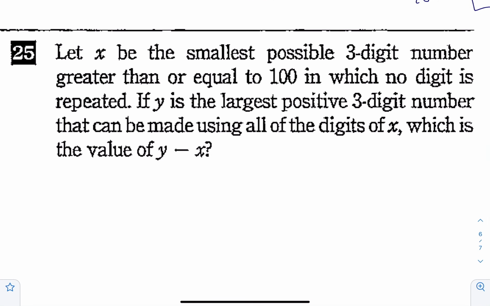Next for number 25, let x be the smallest possible three-digit number greater than or equal to 100 in which no digit is repeated. And if y is the largest positive three-digit number that can be made by using all the digits of x, what's the value of y minus x? So x has to be the smallest three-digit number where no digit is repeated.